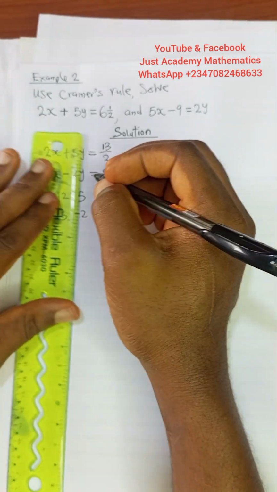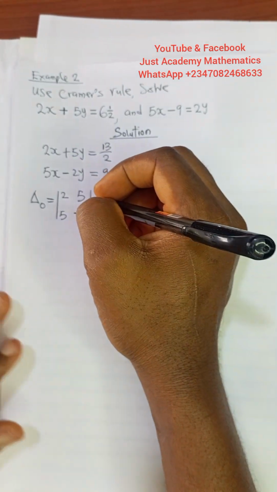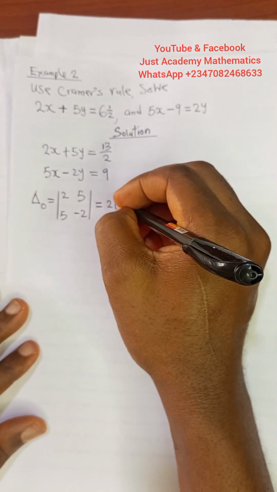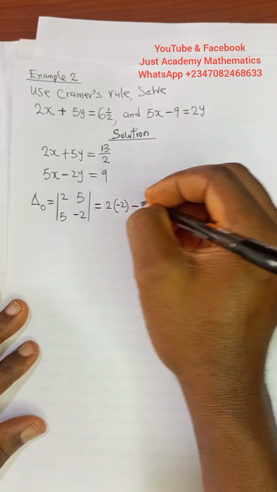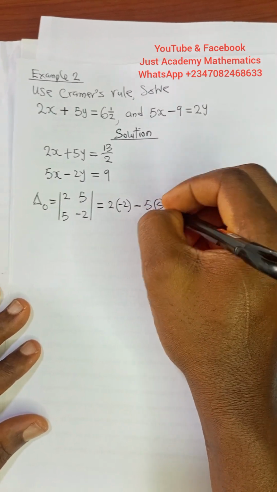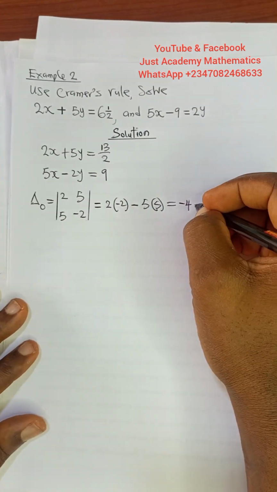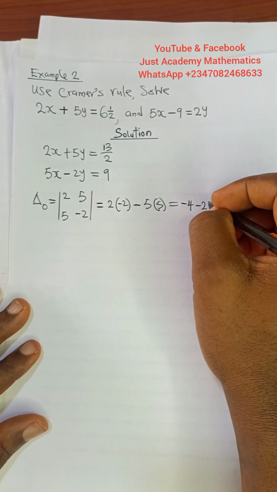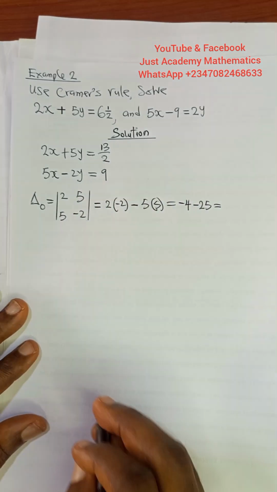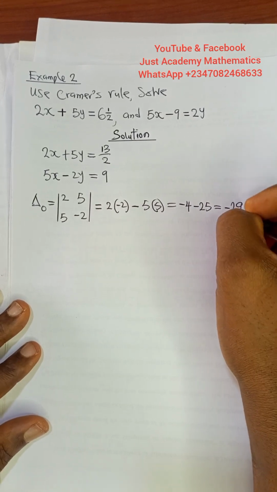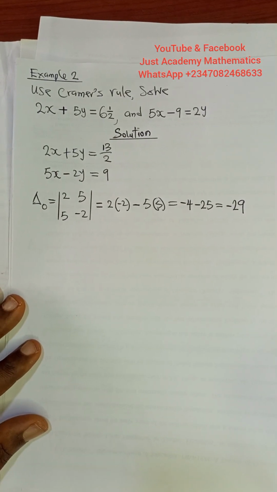So let's get the determinant to get change in 0. 2 times minus 2 minus 5 times 5. 2 times minus 2 is minus 4, and minus 5 times 5 is minus 25. So minus 4 minus 25 is minus 29. So that is change in 0.